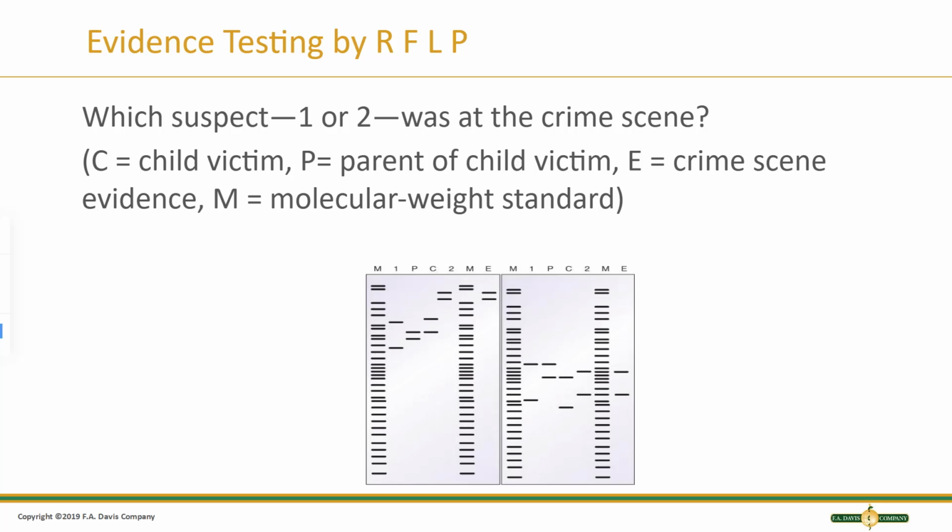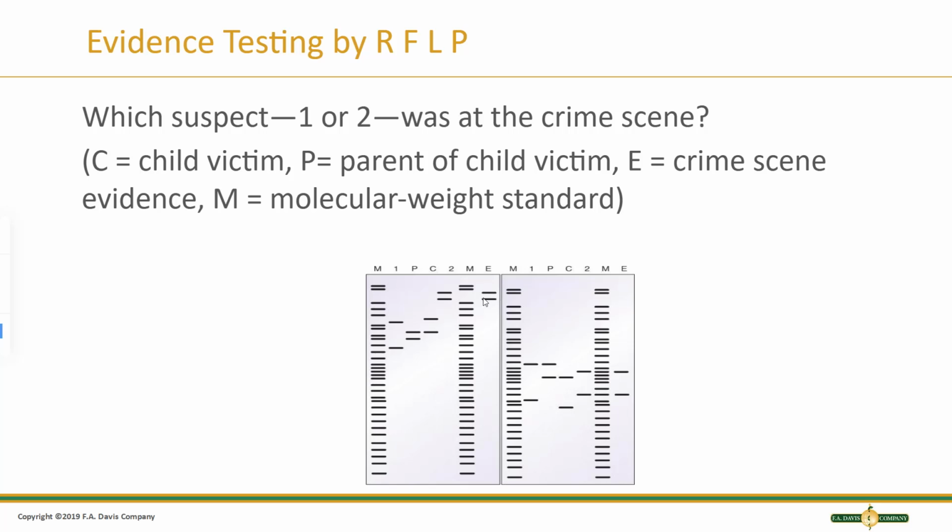Evidence testing by RFLP. Which suspect, 1 or 2, was at the crime scene? Here's suspect 1. Here's the parent of the child victim. Here's the child victim. And here is suspect number 2 and crime scene evidence. When we look at these two different gels, we're going to evaluate the evidence and where it would have come from.